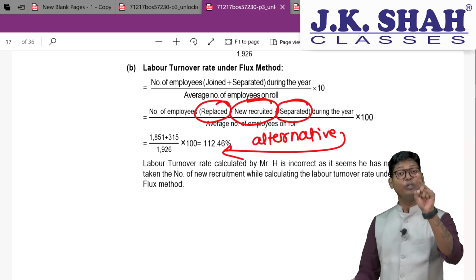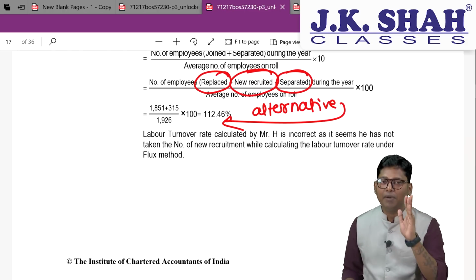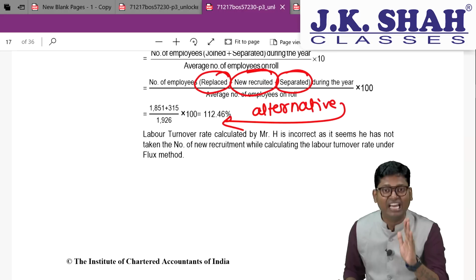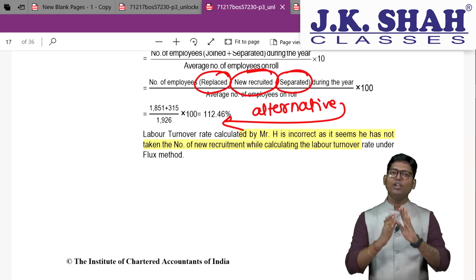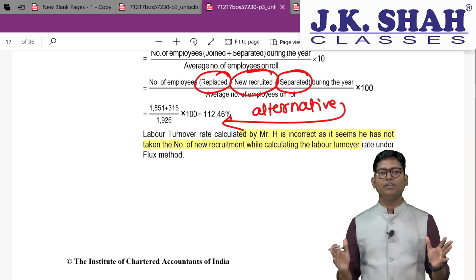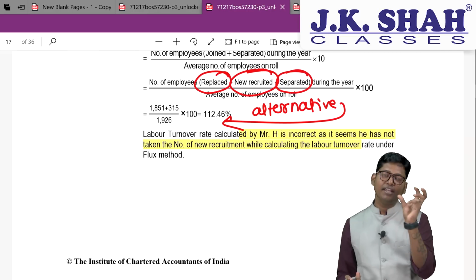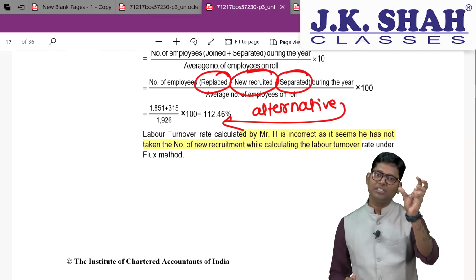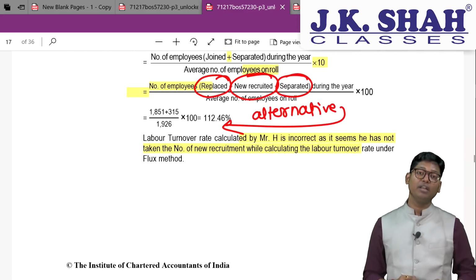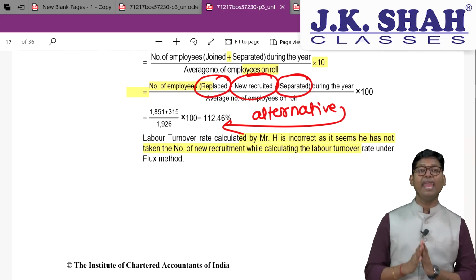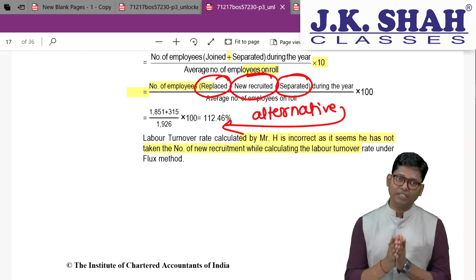In this event, if new recruits are also considered, the conclusion will be that the calculation performed by Mr. X was incorrect, and the same conclusion is given here. So there are two alternative treatments for showing the flux method. Flux method considers replacement as well as separation. If you consider replacement along with new recruit workers, then Mr. H's calculation was incorrect, which can be concluded with this computation.